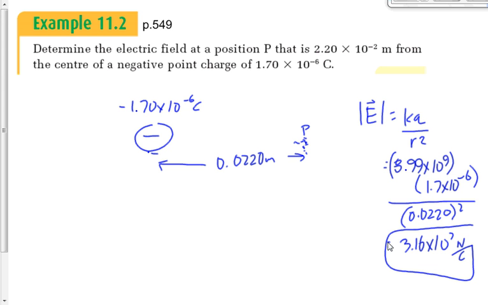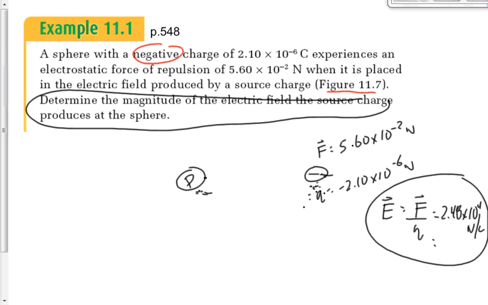If you have the value of the charge at a certain distance from the field, then that's going to be a producer. Right here, we've got the charge a certain distance from the field. That's a producer. Back here, we got the charge where we're trying to find the field. That's an experiencer. All right?